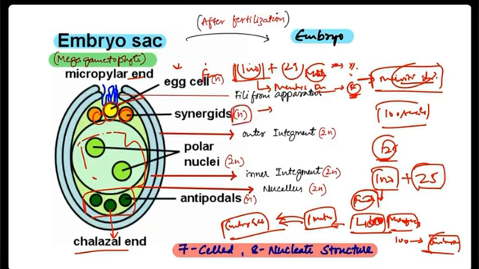These are the integuments, outer integument, inner integument, nucellus, and this is the gap that you see here. This blue color is the filiform apparatus, and this tissue is called nucellar tissue. So this is again a 7-celled, 8 nucleate structure, which is called the embryo sac.